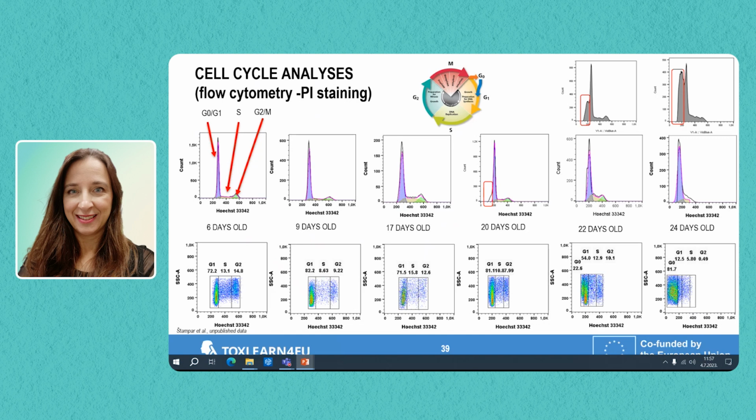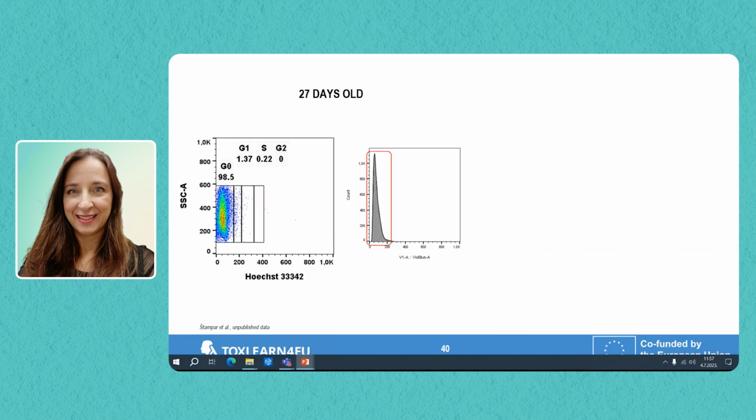So these were resting cells, not proliferating cells. We checked also after 27 days, almost 100% were in G0 phase, so the cells were not dividing anymore.